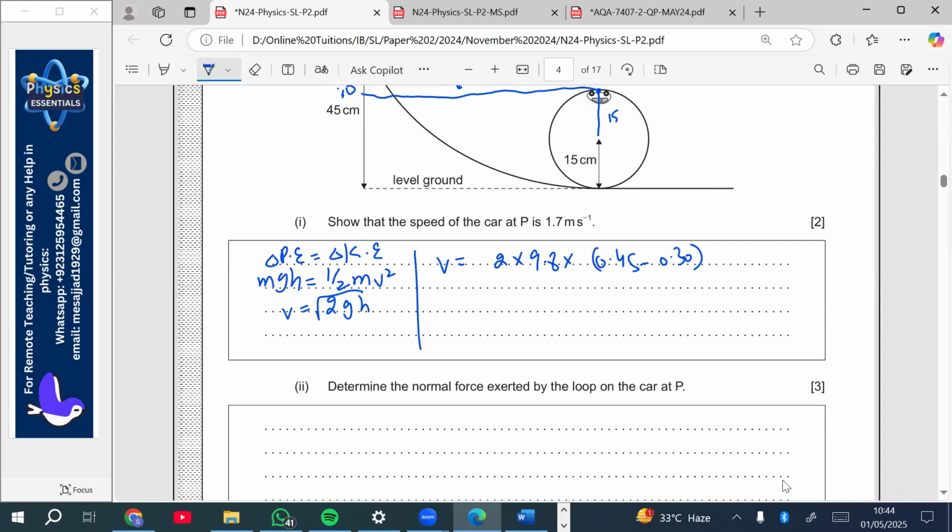So that is the change in potential energy, and it will be equal to the change in kinetic energy, and from here we will get the speed as 1.72 meter per second.